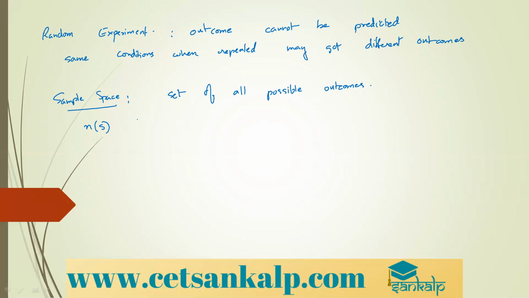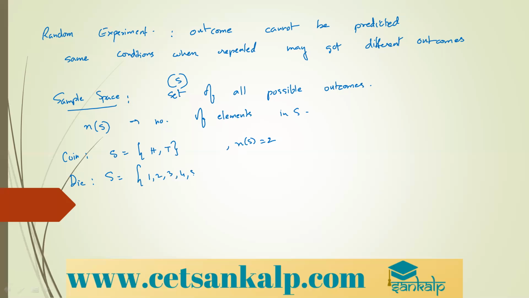And N of S. Usually sample space set is denoted by S. N of S is number of elements in S. For example, first we'll take coin. So sample space will be head and tail, and N of S is 2. When you throw a die, the sample space will have 1, 2, 3, 4, 5, 6, all possible outcomes, and N of S is 6.